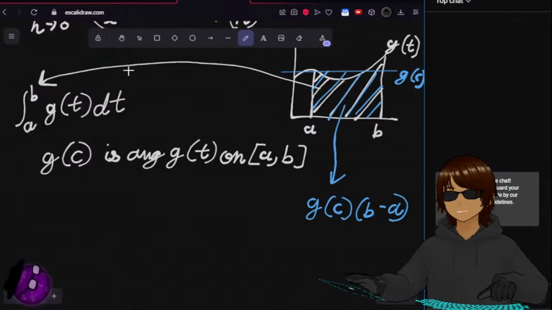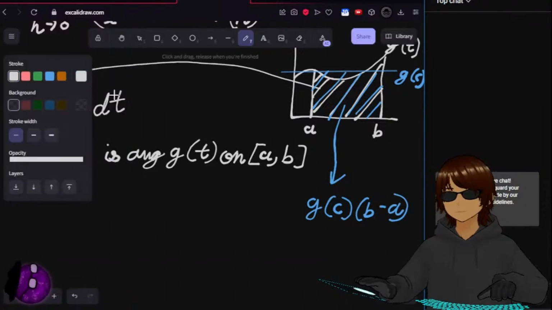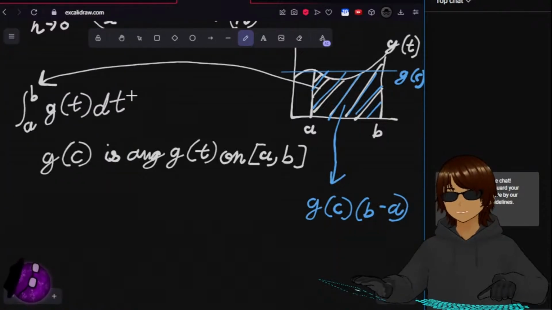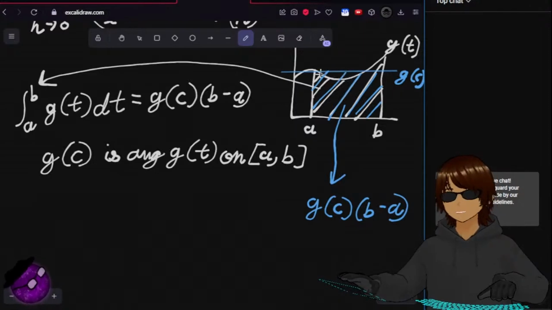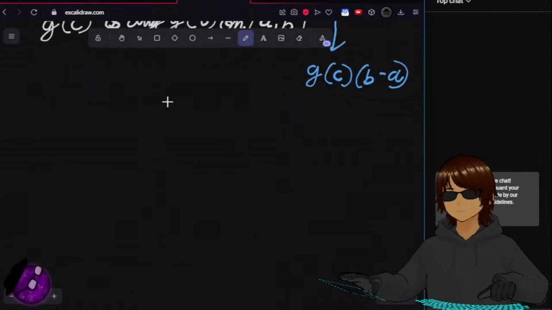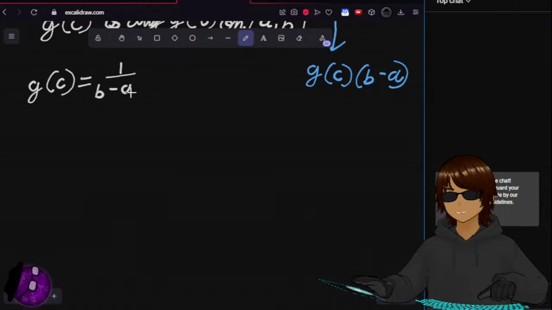Basically what I mean is this is equal to G of c times B minus A, where G of c is like the average. So if I make G of c the subject, I can write it like this.